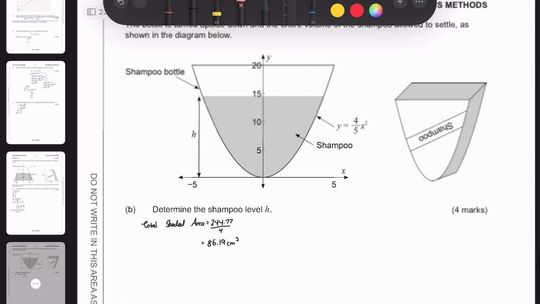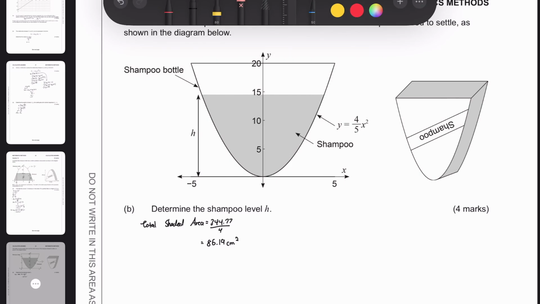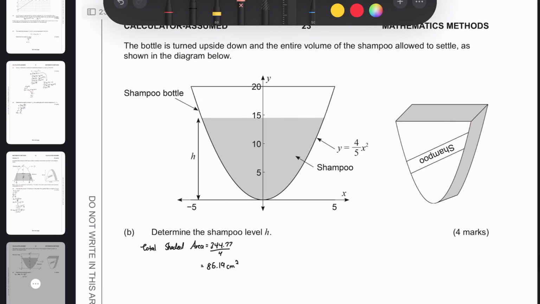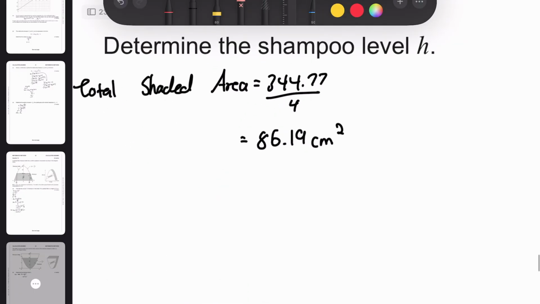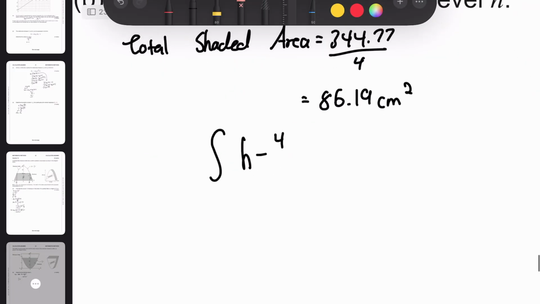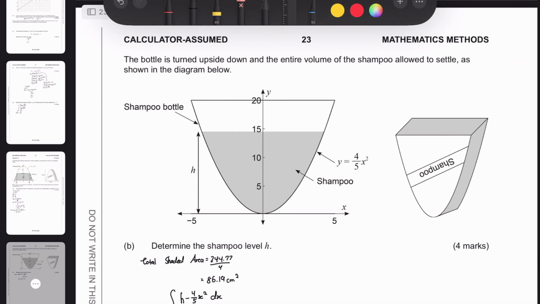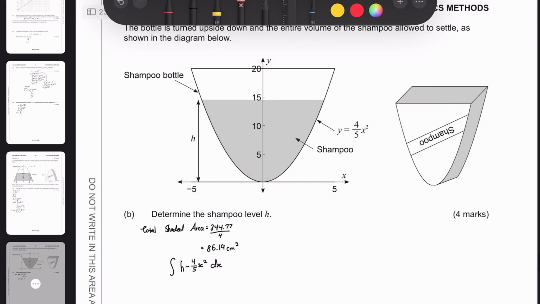So then we need to find the height that this is. So we know that the integral of h minus 4 on 5x squared dx, and we also need to find the bounds that this occurs at.